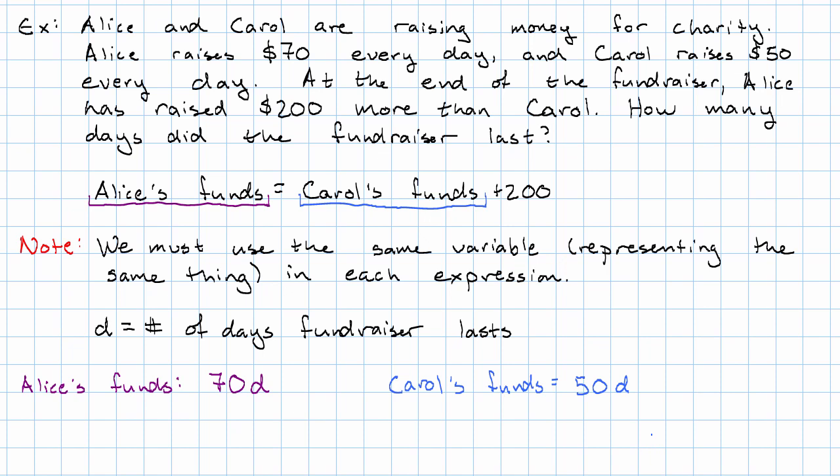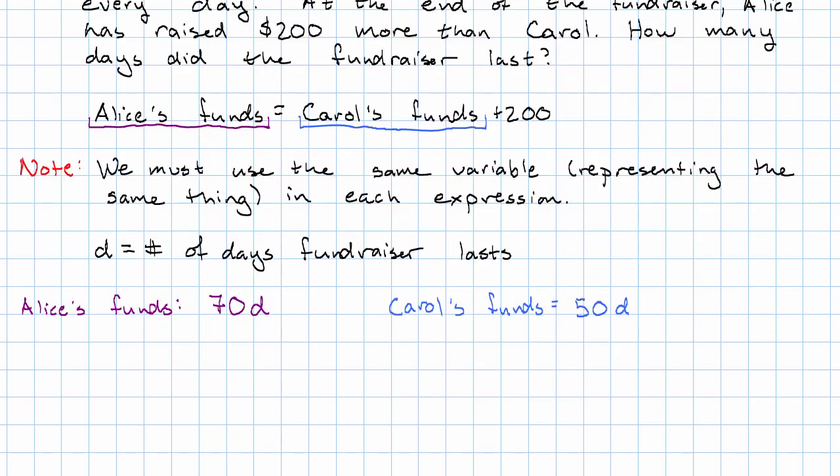Again, we'll multiply 50, the amount per day, times the number of days. Our equation then becomes Alice's funds, 70D, equals Carol's funds, 50D, plus 200. Remember, the plus 200 came from the story. Alice raised $200 more than Carol.